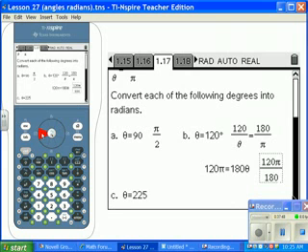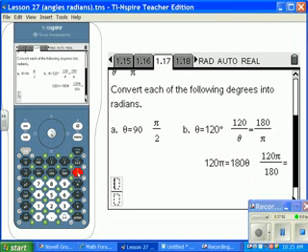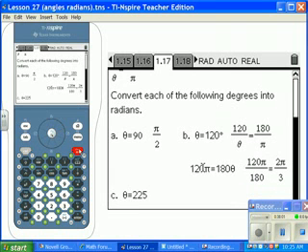So, in simplest form, what is my answer? 2 pi over 3. Good. That is 120 degrees in radians, 2 pi over 3.